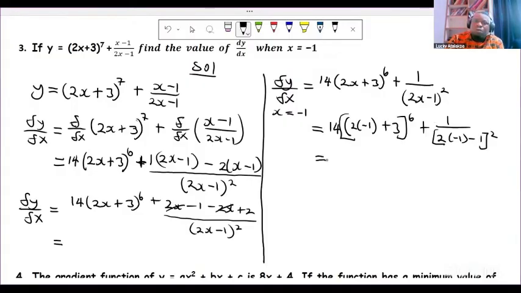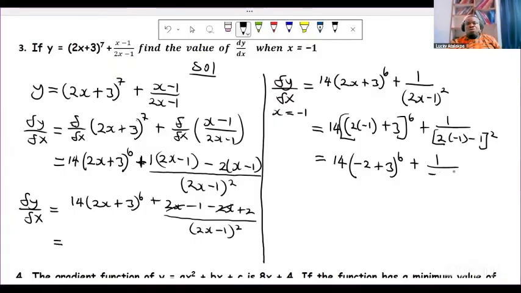So 14 times (minus 2 plus 3) to the power of 6, plus 1 over (2 times minus 1, which is minus 2, minus 1) squared.